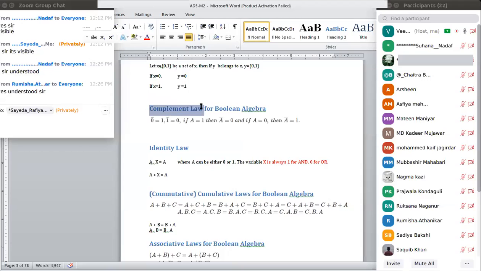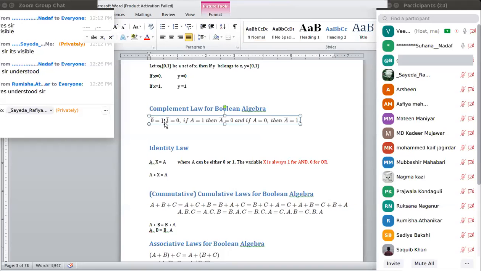Then the complement law for Boolean algebra. It is nothing but a NOT operation, right? If the input is A, the output will be A bar. If 0 bar, the output will be 1.